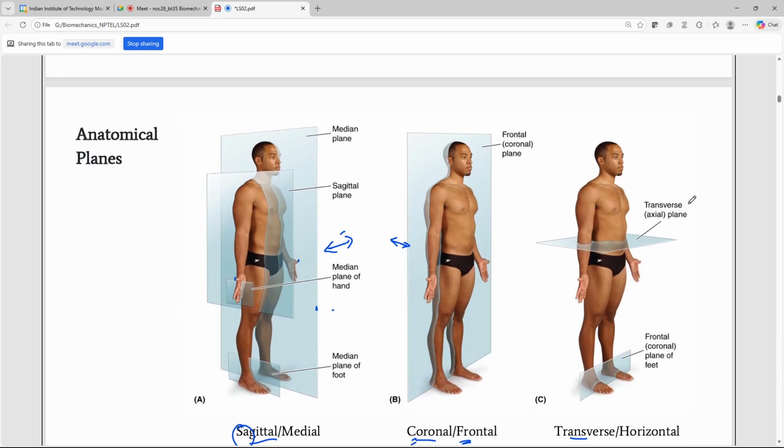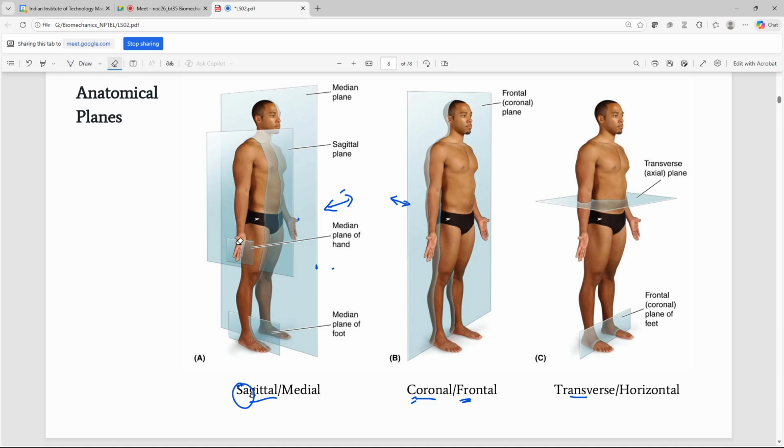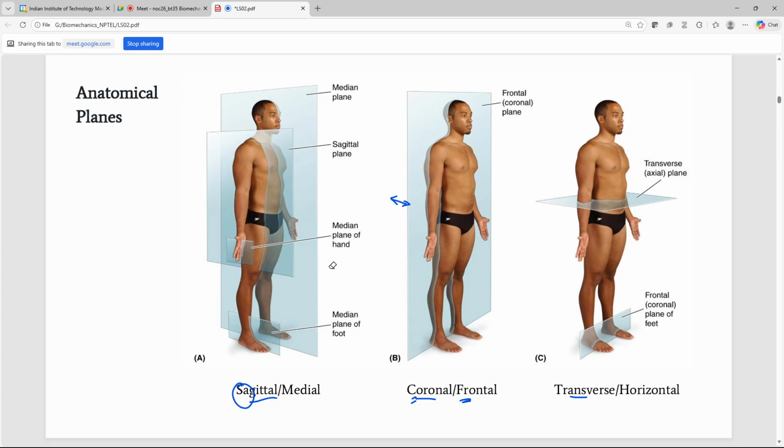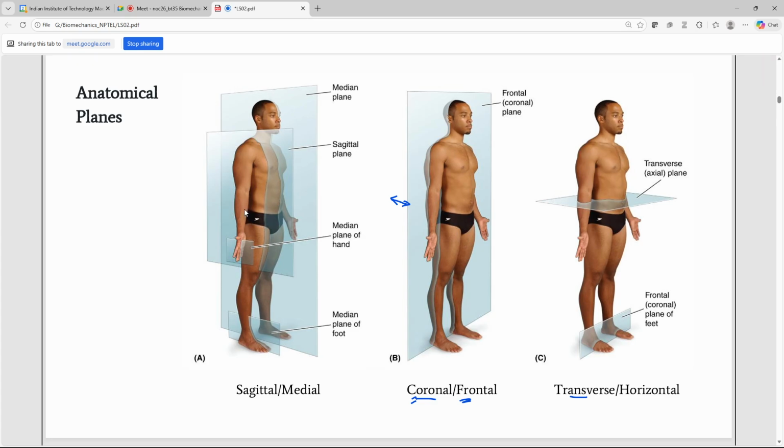If you see here, the first one is the sagittal plane. The flexion and extension of elbow is the movement between the forearm and the upper arm portion. So this is happening in a sagittal plane.